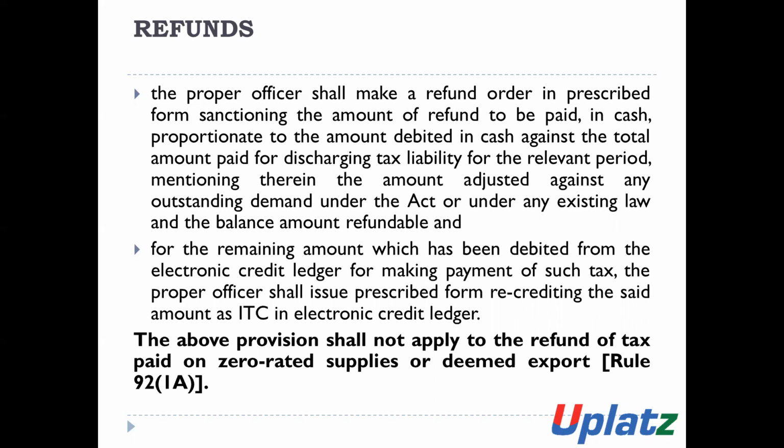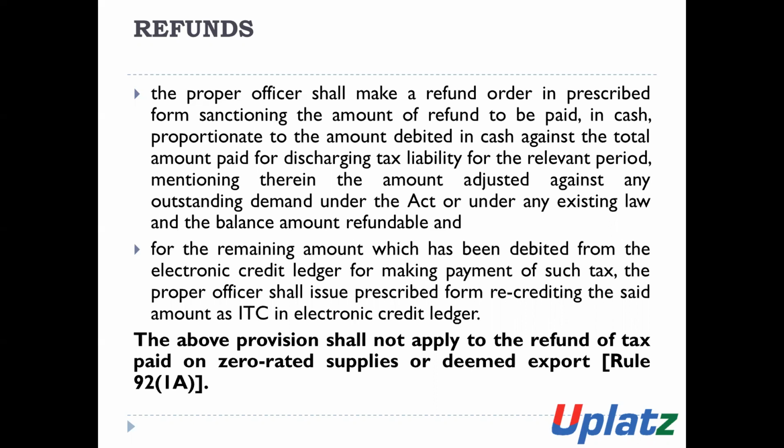Proportionate to the amount debited, the proportionate amount debited in cash against the total amount paid for discharging tax liability for the relevant period.